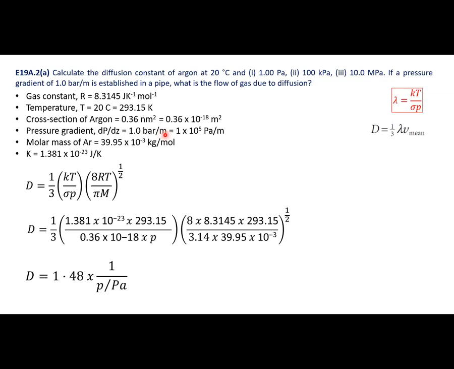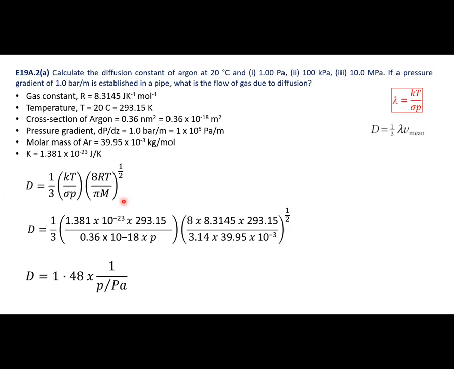We need to convert that into common units since we have to find the diffusion coefficient at Pascal. So let's convert bar into Pascal, which is 1 times 10 power 5 Pascal per meter. And the molar mass of argon is 39.95 times 10 power negative 3 kilogram per mole. And this is the Boltzmann constant k.